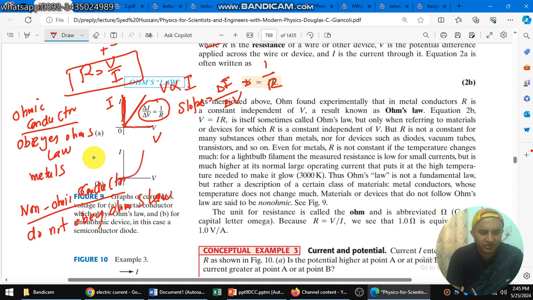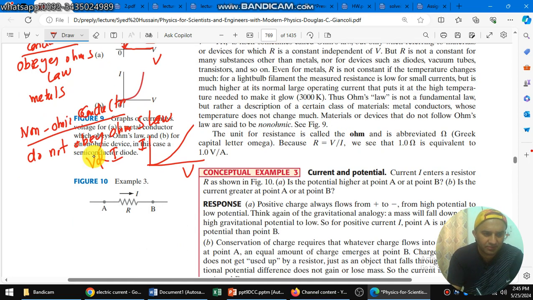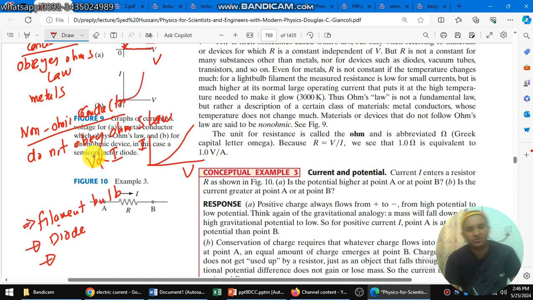So the graph between V and I is not proportional; it is not a straight line, it is a curved line. The filament of a light bulb is non-ohmic. A semiconductor diode or PN junction is also non-ohmic, because its graph is not a straight line, it is a curved line.